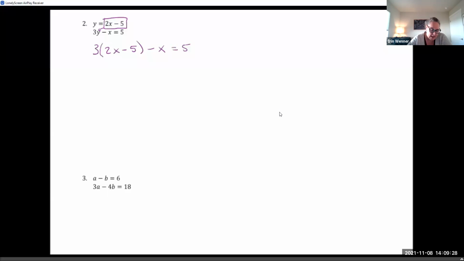Remember, when we have a value in front of the parenthesis, that means it's multiplying everything inside the parenthesis, which means we need to distribute the 3 through. So we're going to do 3 times 2x minus 3 times 5. And then we finish out the equation, right? We bring down the minus x and the equals 5. You can't forget all that business.